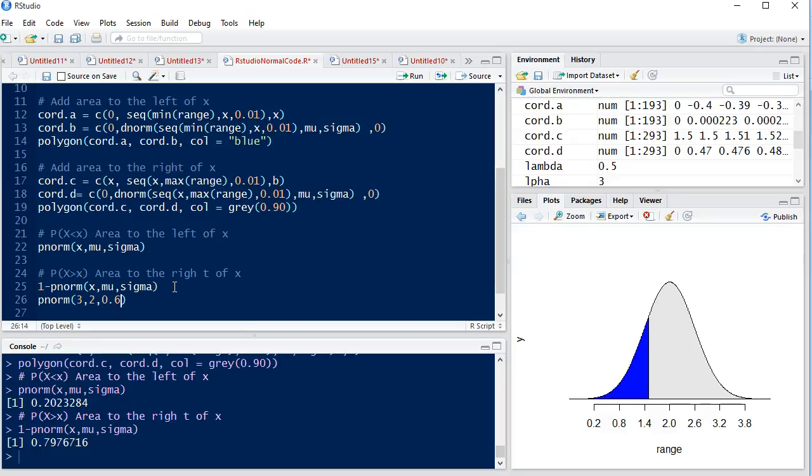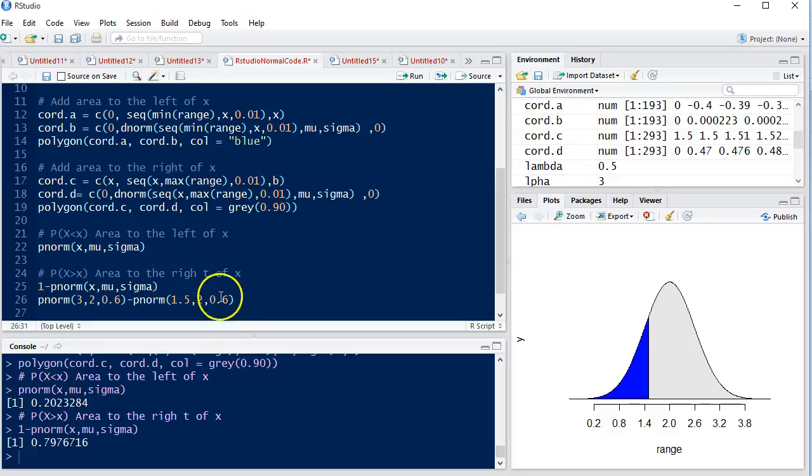My standard deviation is 0.6. And I'm going to then subtract off the lower bound. So pnorm, this is 1.5, comma, and I have to designate the mean and standard deviation again, 2 and 0.6. Now that's going to be the area between 1.5 and 3 in a normal distribution with a mean of 2 and a standard deviation of 0.6.